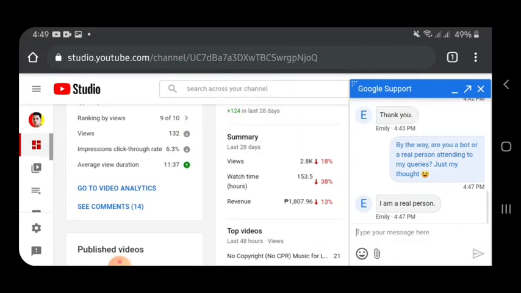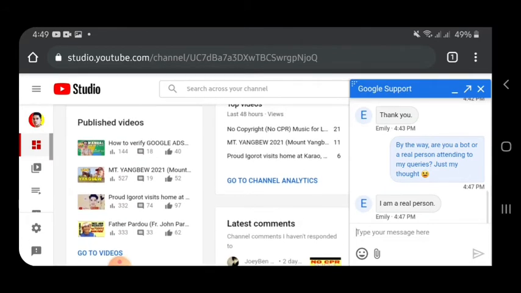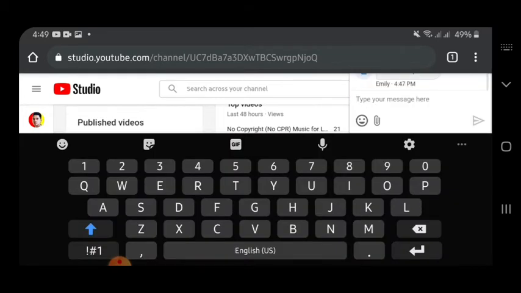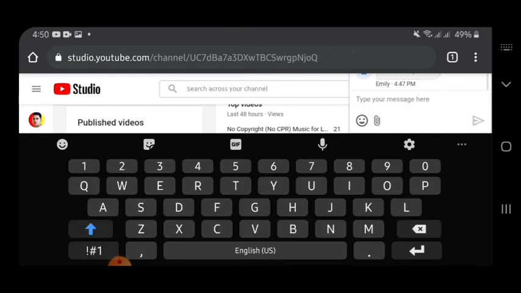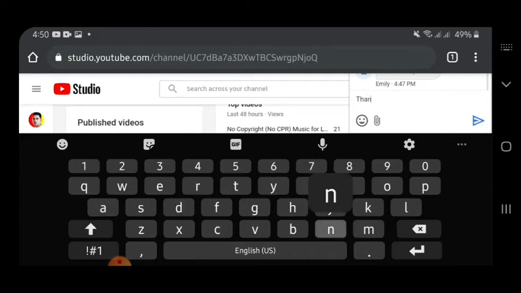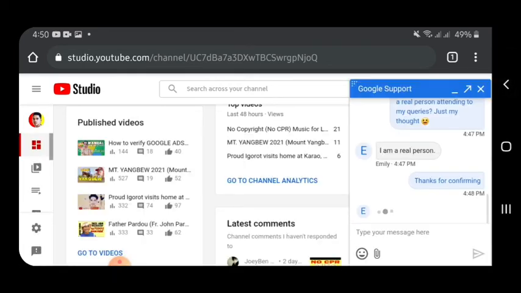All right, so I hope you have learned one of the new features of the YouTube Partnership Program. It is the chat support, or the Google support. So again, you will just see this if you open your YouTube Studio, and the icon will appear just beside your picture on the upper right side of your YouTube Studio.